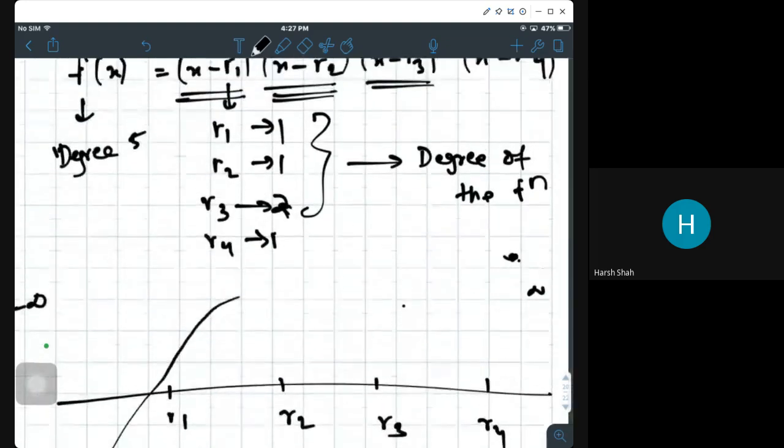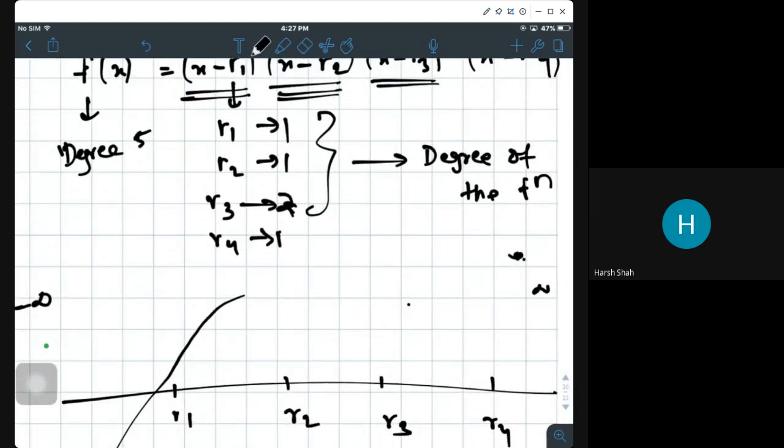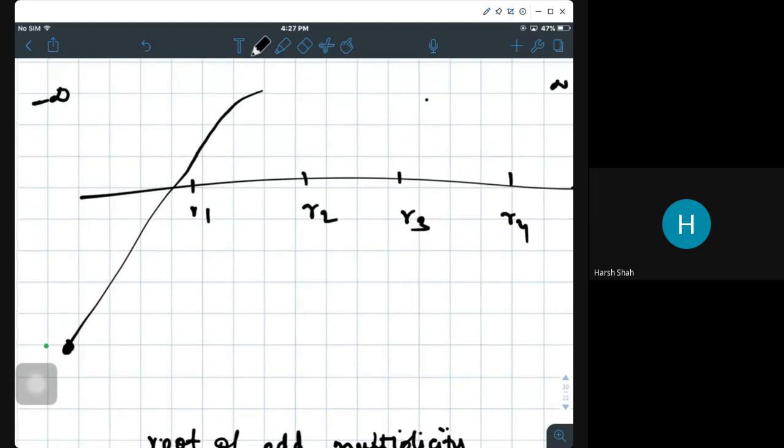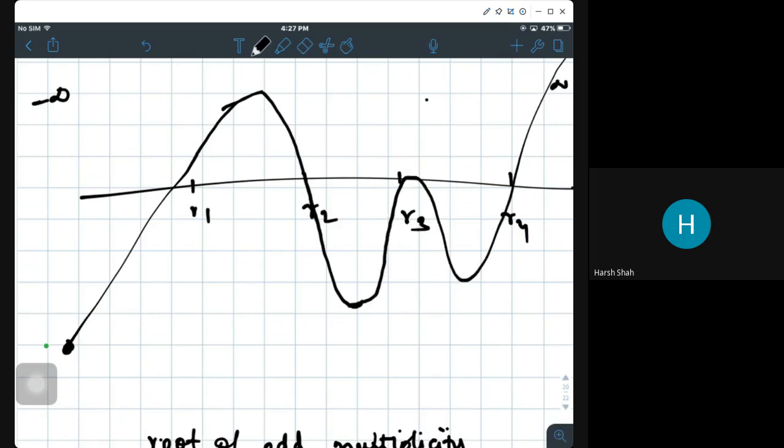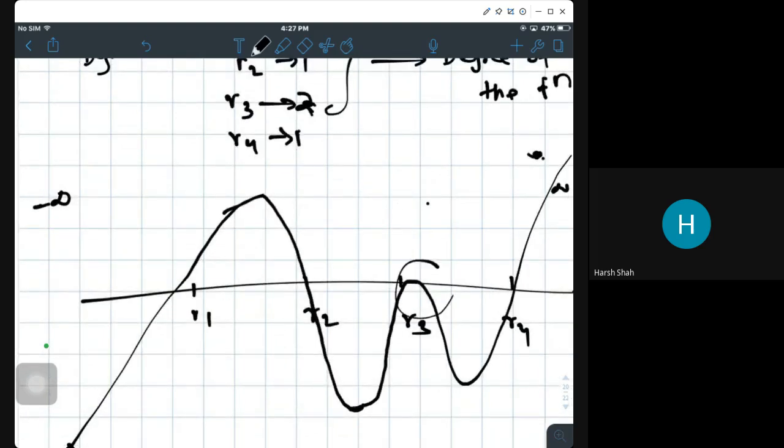So r1 is odd, r2 is odd, r3 is even, right? So my function will bounce back. This is just like quadratic, right? We had a quadratic, a parabola, so it will bounce back.